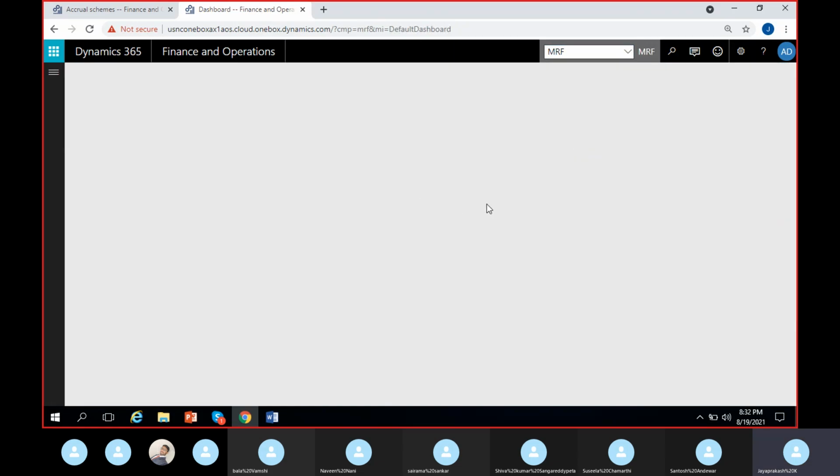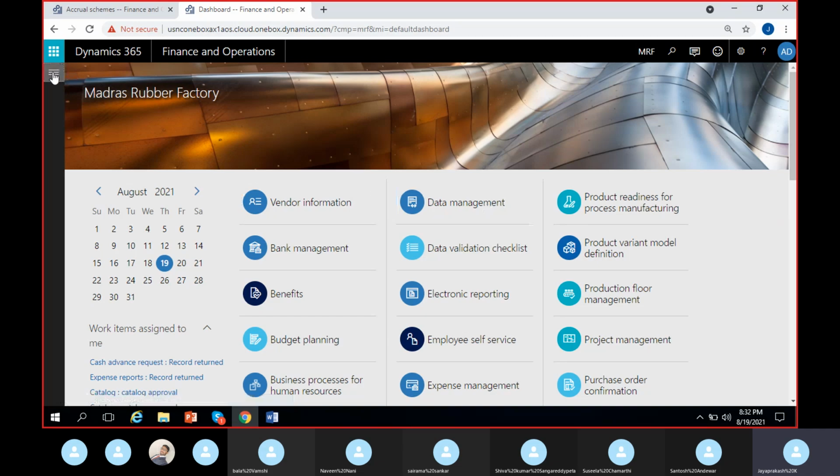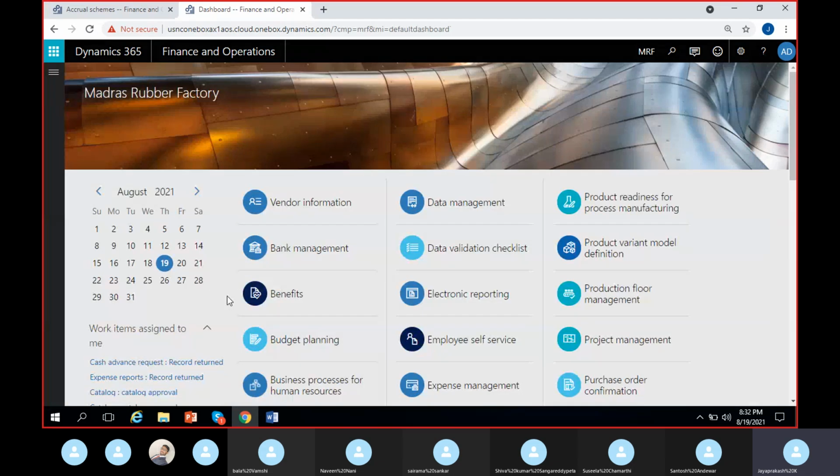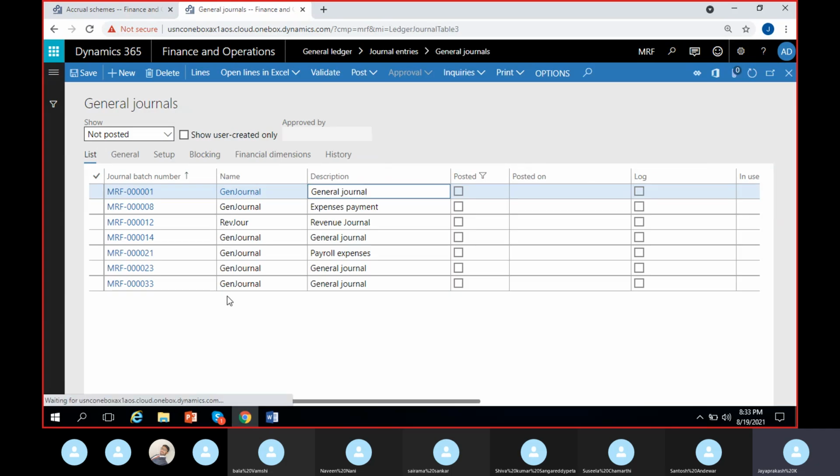Then I'll go to general ledger, go to general journals. Create a new journal.